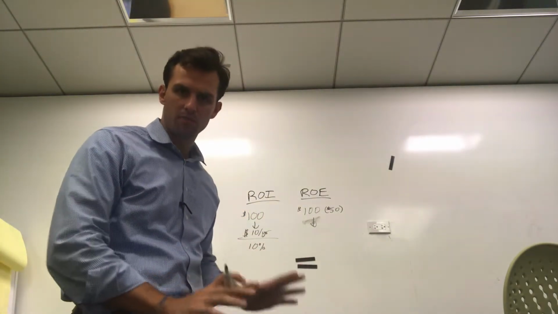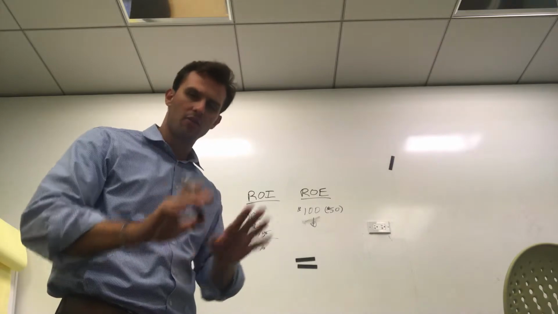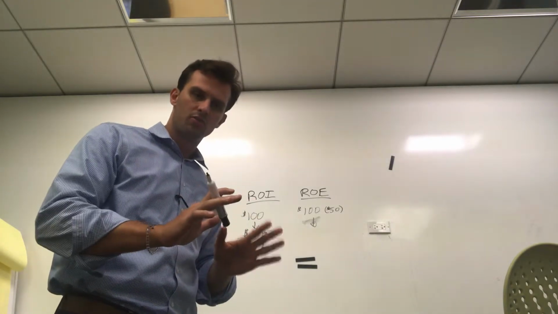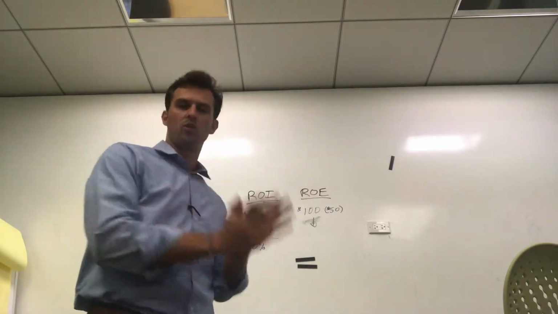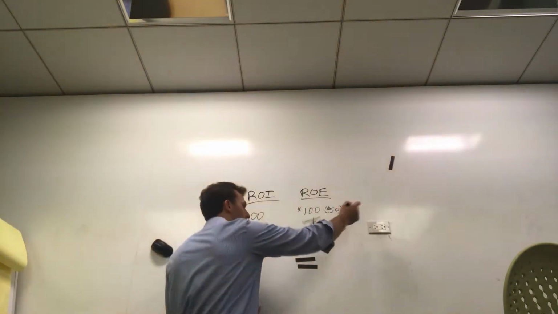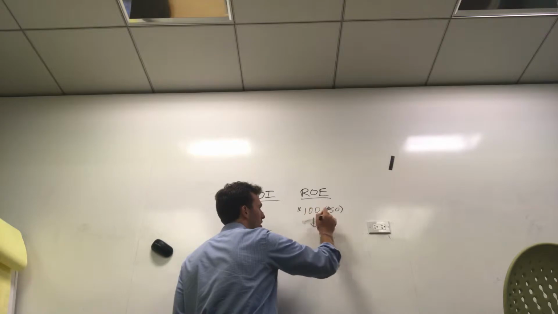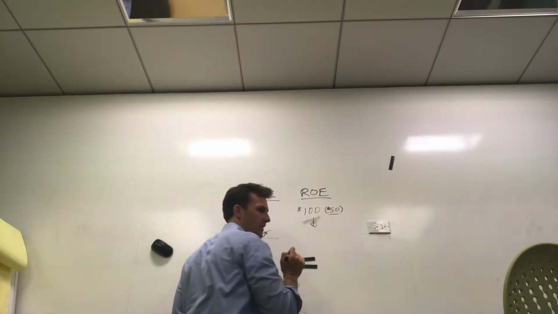I'm just using simple figures. We can walk through an example later, but remember, equity is what you walk away with if you sold everything, less commissions, less everything.